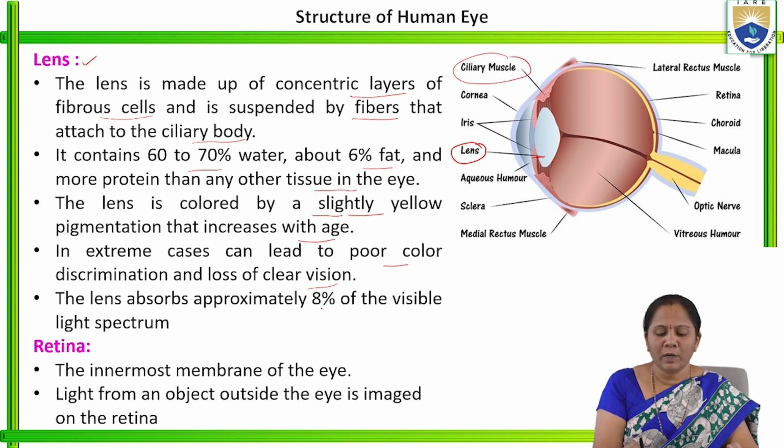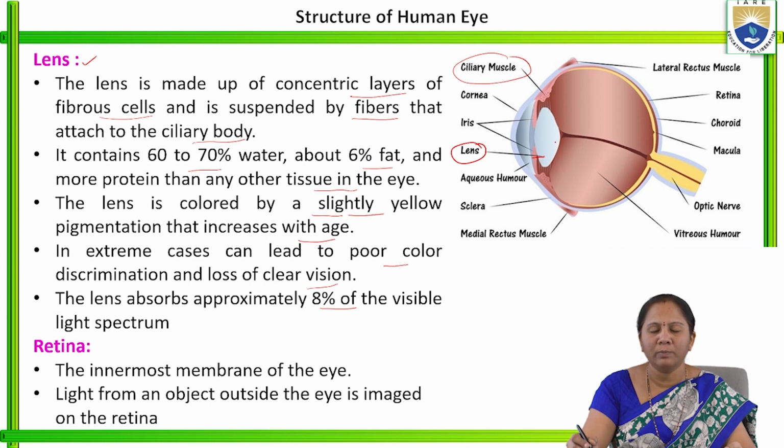So the lens absorbs approximately 8% of the visible light spectrum. The light will be absorbed by this lens through the pupil and it will fall on the important part called the retina. If it falls on the retina only, that particular object can be visualized by a human.